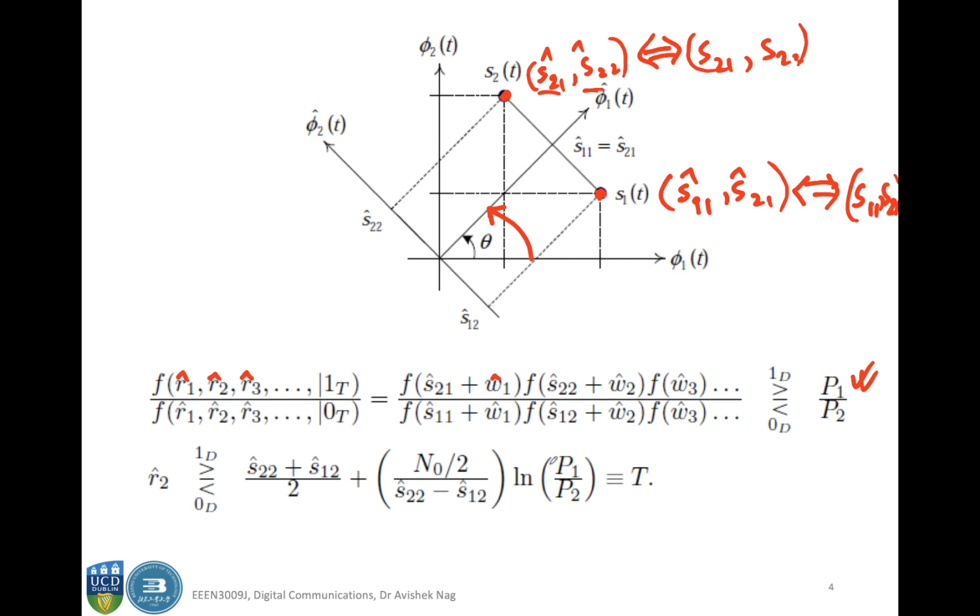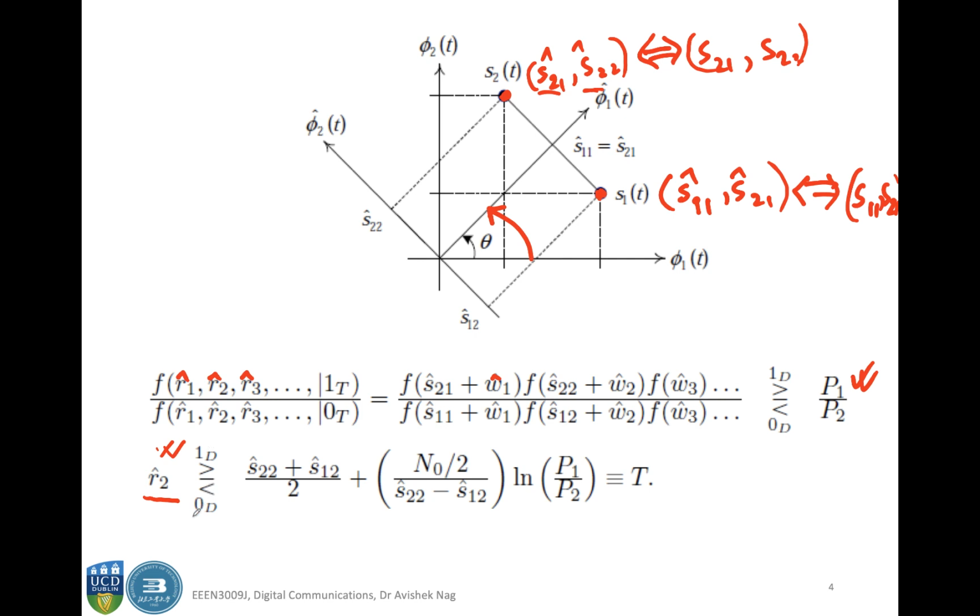And the optimum decision rule can be adjusted for this transformed axis, and you can have this optimum decision rule, which is just in terms of the second component of the received signal, which is denoted as R2 hat in the transformed axis.